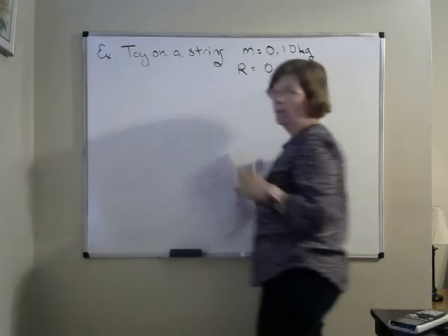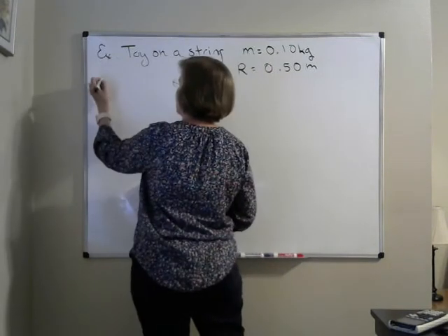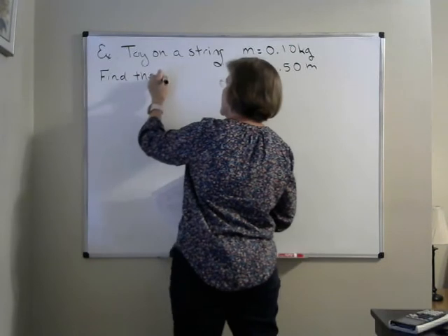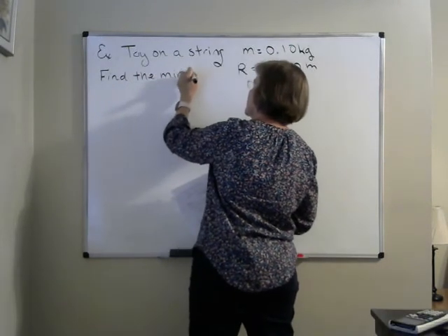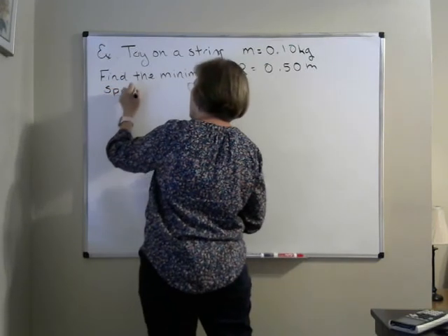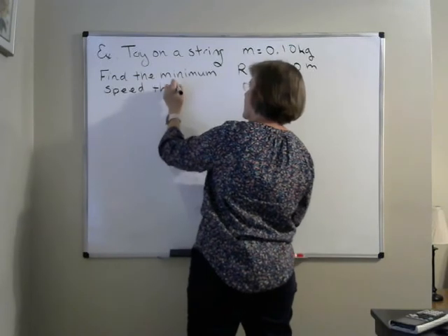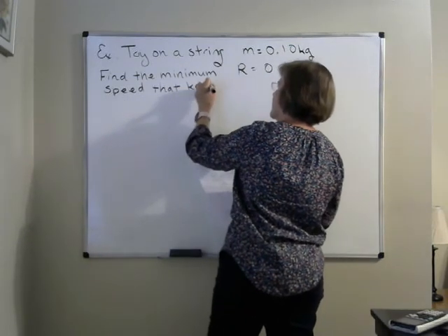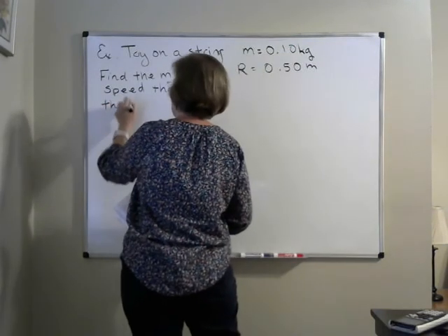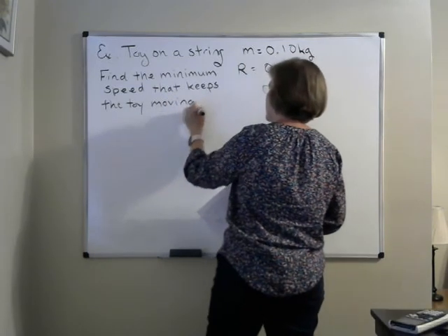Actually, that's not what we want to find. I'm sorry, I didn't read the question. I want us to find the minimum speed that keeps the toy moving in a circle.